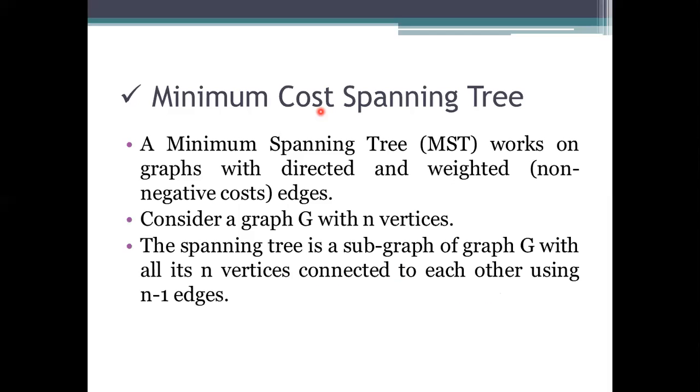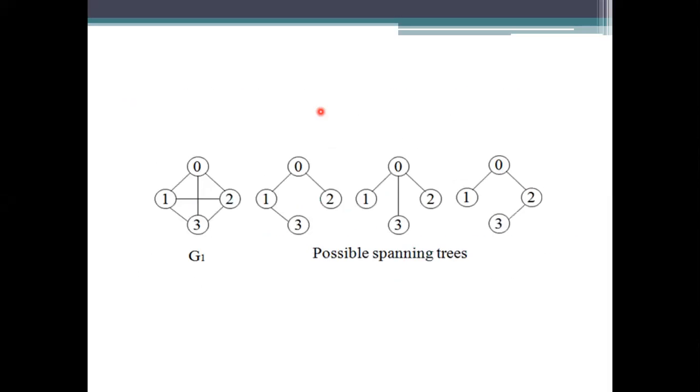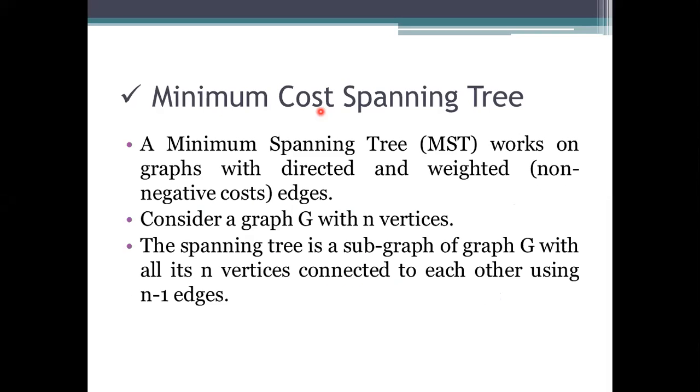And the other representation we consider while using a weighted graph notation is this: we have many spanning trees here. Which spanning tree is used to reach all the vertices, to traverse all the vertices? We can use a technique, or the topic, called minimum cost spanning tree, or simply minimum spanning tree.